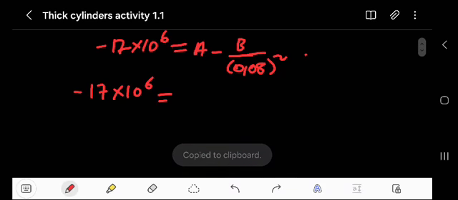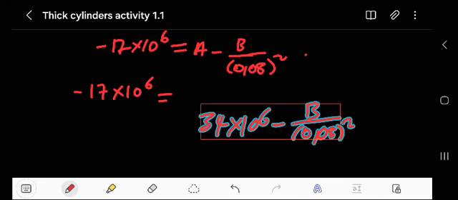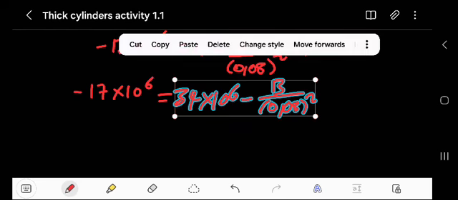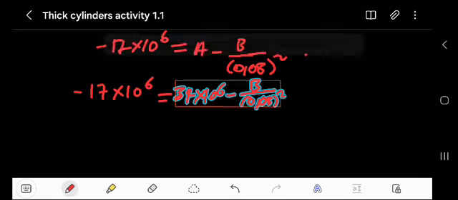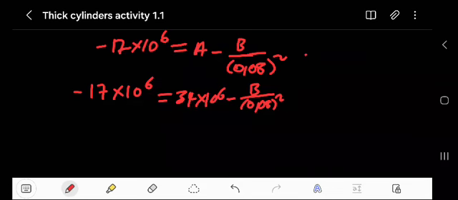Substitute that A here. So we have A, but we also have minus B over 0.08 squared.